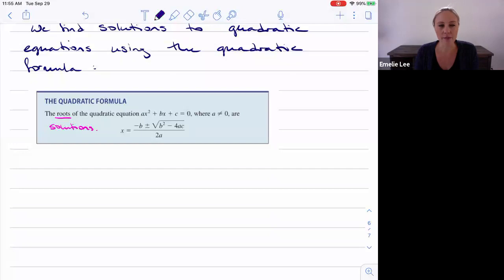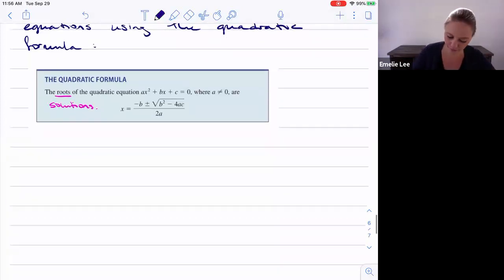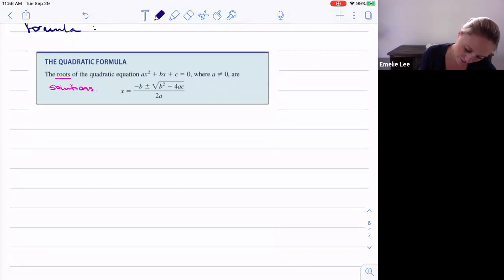There are times where there will be no solutions, but we're not going to worry about that right now. We're just going to look at the quadratic formula. How can I use the quadratic formula to be able to factor stuff?